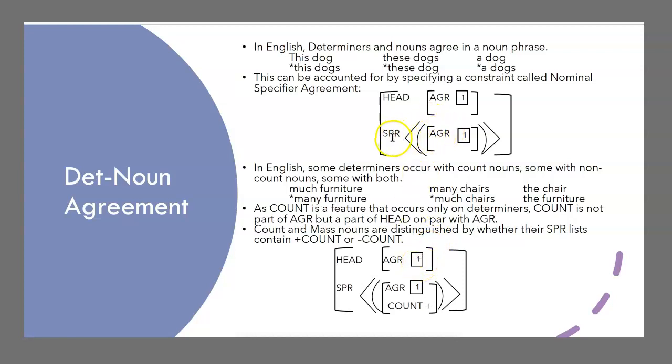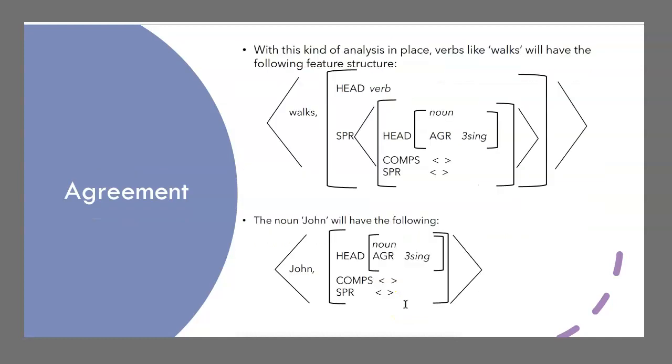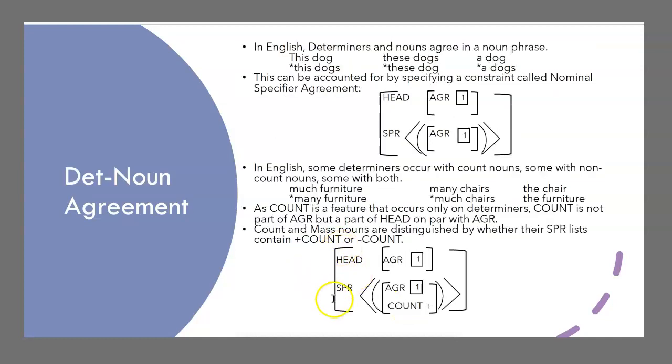Under specifier we used only AGR, but we are adding count now. Along with AGR, we are using count. Count is on par with AGR. It is not part of AGR. So whenever we specify a specifier for a noun, we can specify both AGR and count plus features. So your noun's feature structure will have head AGR feature, and we need a count plus specifier.